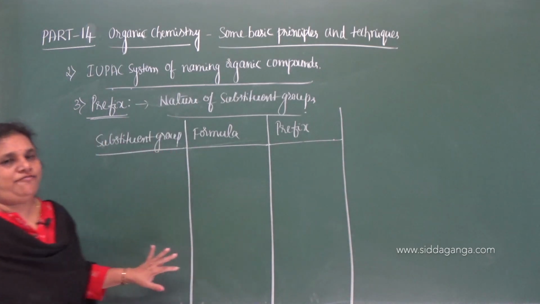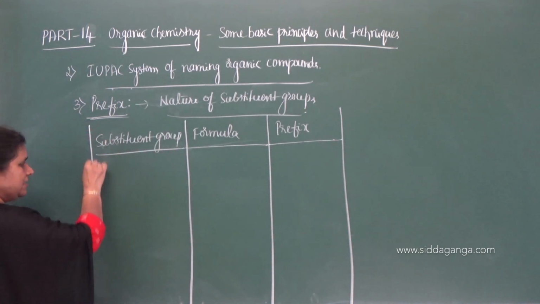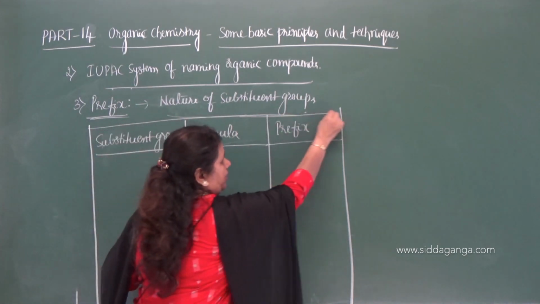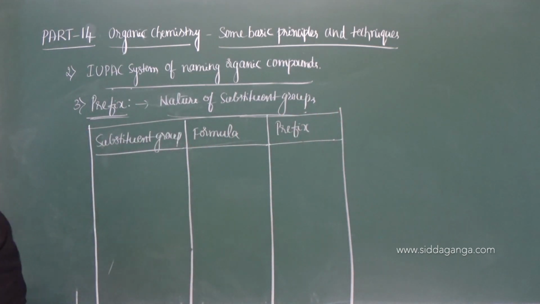In the first column you write down the different substituent groups, the name of the substituent group, in the second column let me write the formula, and in the third column let me write the prefix.